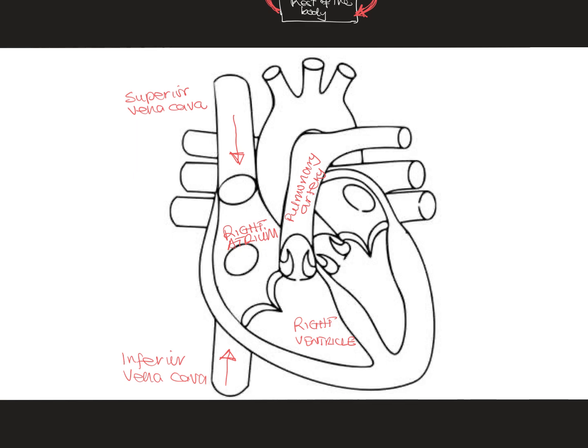The pulmonary artery divides into the left pulmonary artery and the right pulmonary artery in order to supply the left and the right lungs respectively. That is why the pulmonary artery branches into two. You have one going this way and the other going this way, okay?